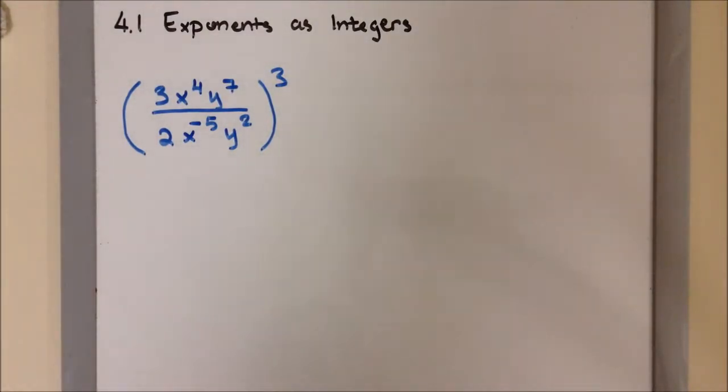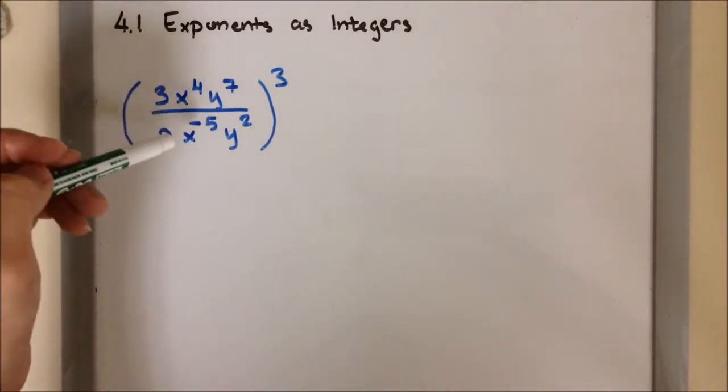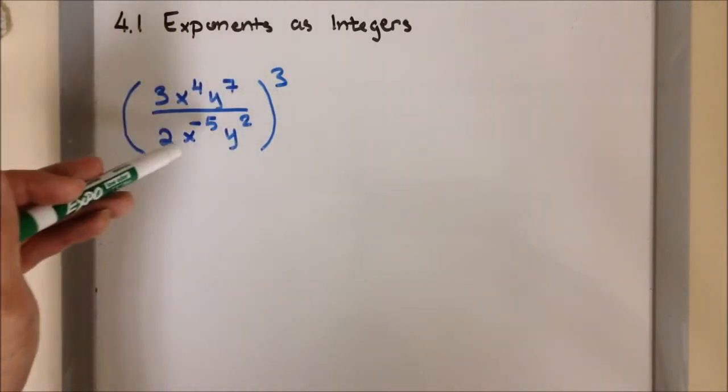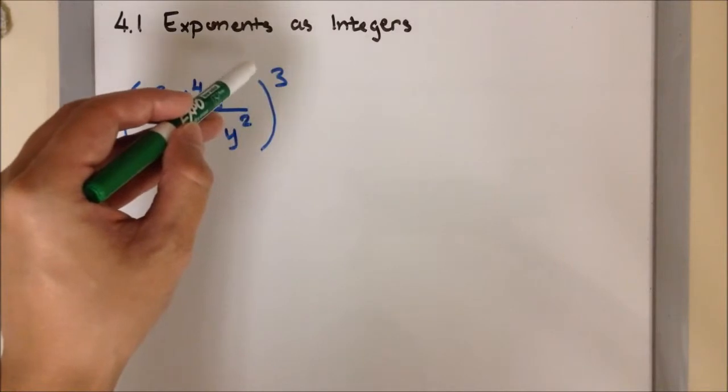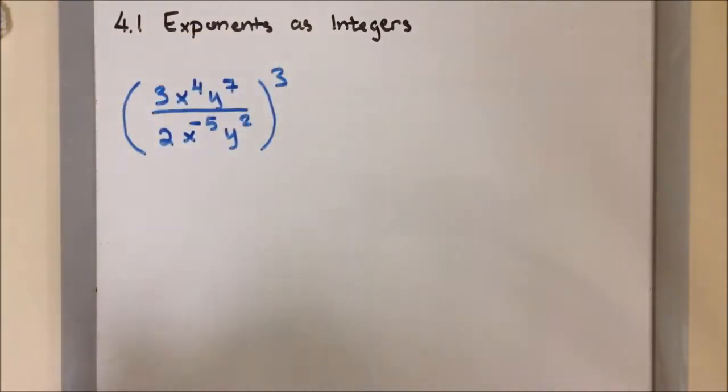So to start off, since I have an x on the top and bottom of the fraction, in the numerator and denominator, same thing with the y's, I'm going to combine those first inside of parentheses before I work with the number exponent that's outside of parentheses.